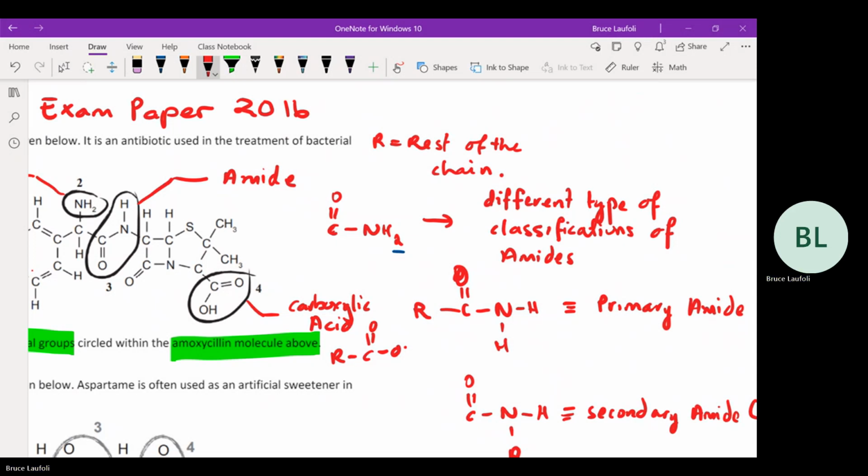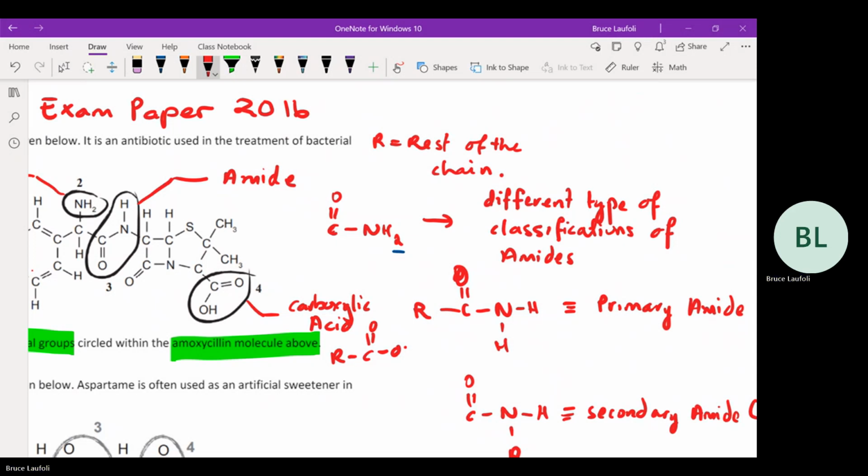But essentially that is a C double bond O and OH, and that's where you get the idea that it is a carboxylic acid instead of an alcohol. Luckily enough, they have circled it for us, but in many situations, you need to ensure that you are circling it yourself. So I hope that helped out.